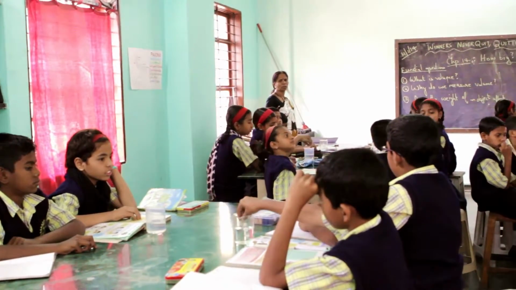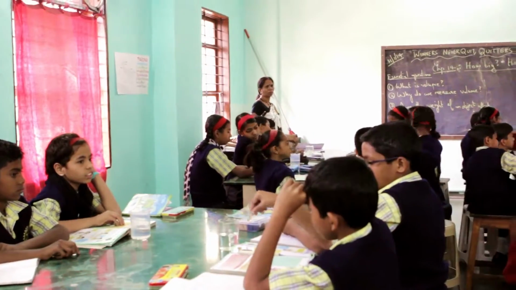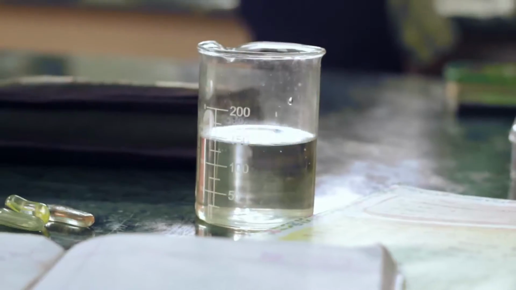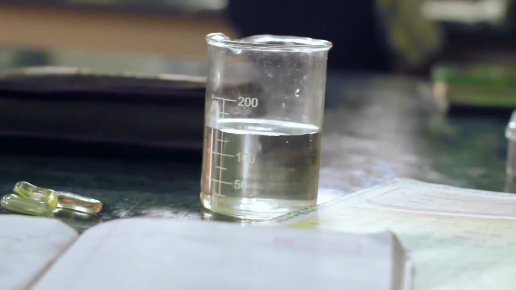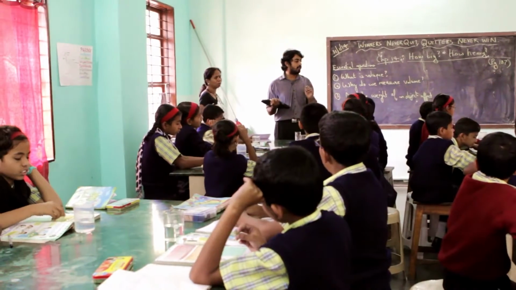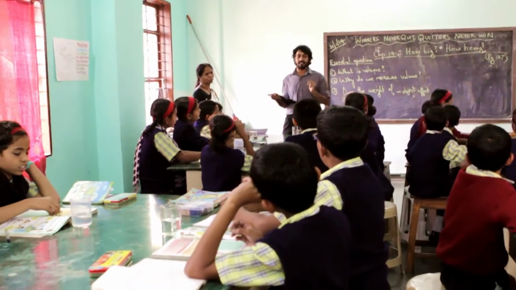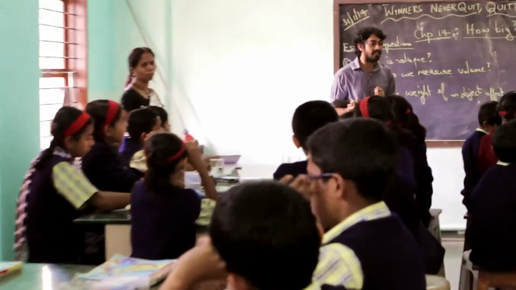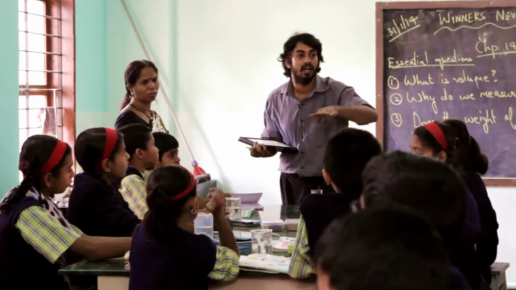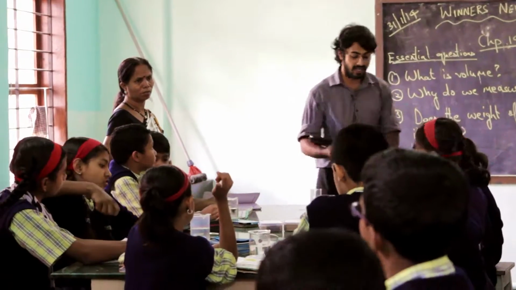Now, with your partner, you have been given 6 marbles each. Before you put the marbles inside the beaker, I want each one who has the marbles in their hand to ask their partner, if I put these marbles inside the beaker, how much will the water rise?